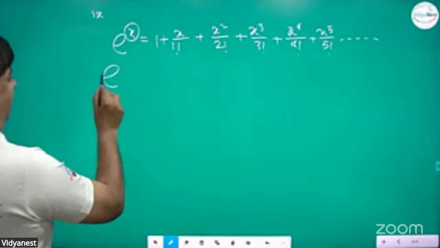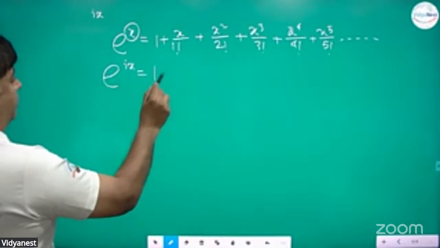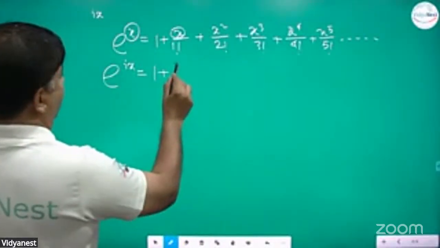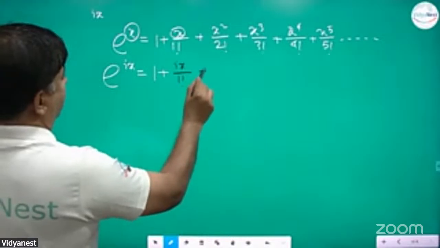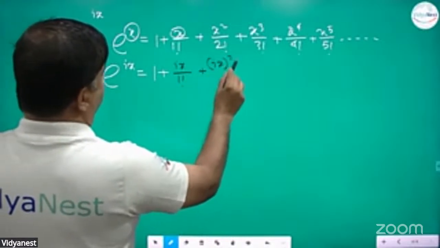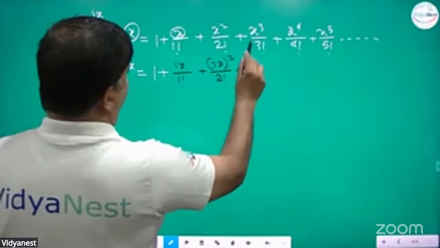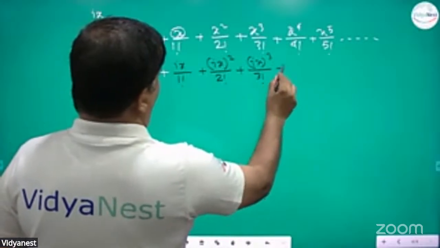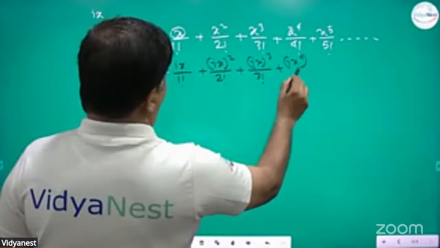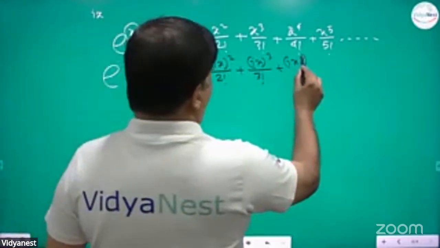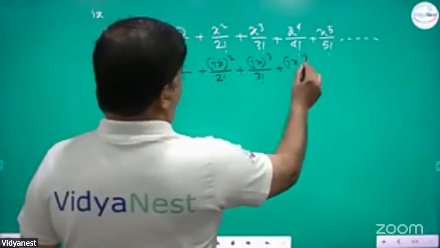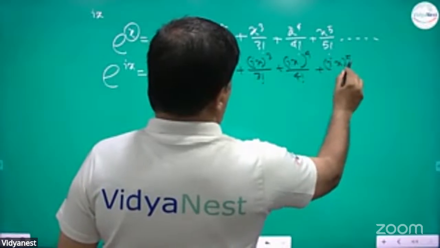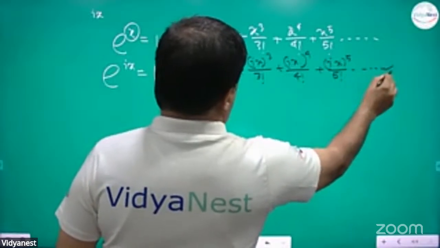E to the power ix. So, all x will be replaced by ix: ix by factorial 1, ix whole square by factorial 2, ix whole cube by factorial 3, ix whole to the power 4 by factorial 4, ix whole to the power 5 by factorial 5, and so on.